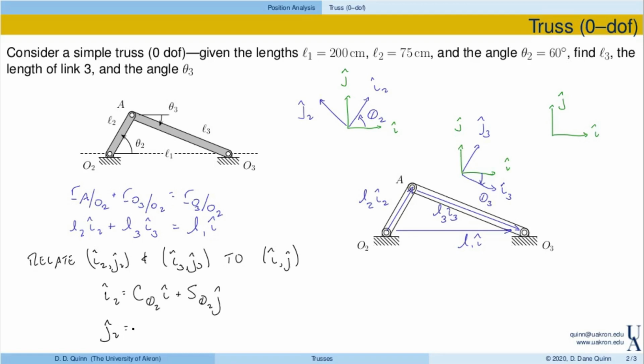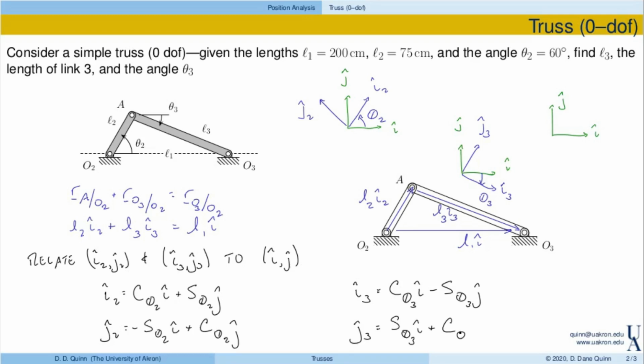J2 is minus sine in the I direction plus cosine of theta 2 in the J direction. Looking at the third frame of reference, I3 is cosine theta 3 in the I direction, now minus sine theta 3 in the J direction. And J3 is equal to sine of theta 3 in the I direction plus cosine of theta 3 in the J direction.